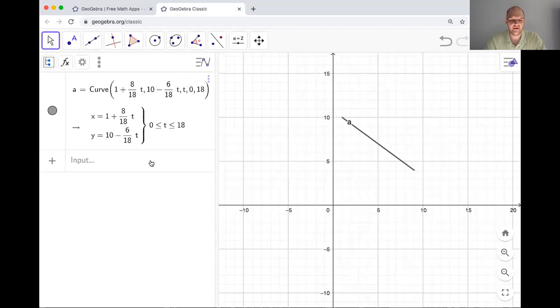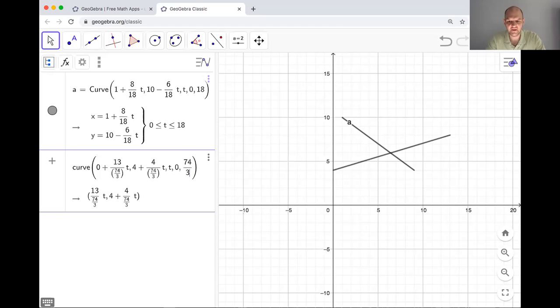Now, I didn't ever actually write the parametrics for particle 2, so I'm doing it on the fly here, but I'm basically just going to modify what I did for x3, y3. So 0 plus 13 over 74 over 3 t, comma, 4 plus 4 over 74 over 3 t. T goes from 0 to 74 over 3.